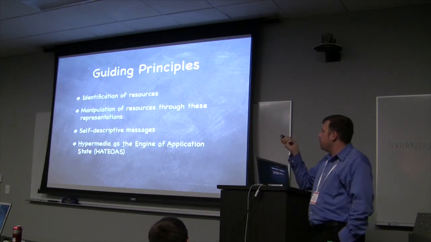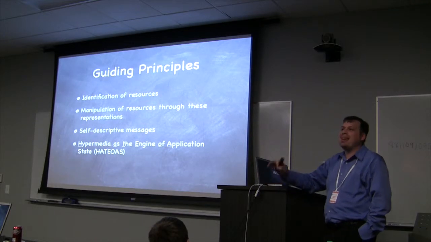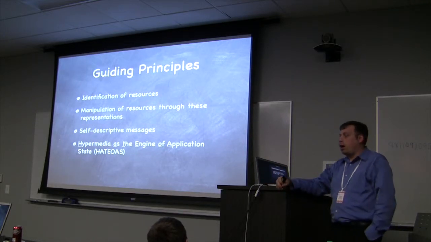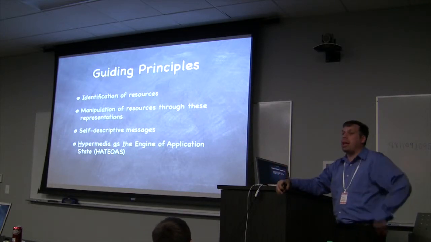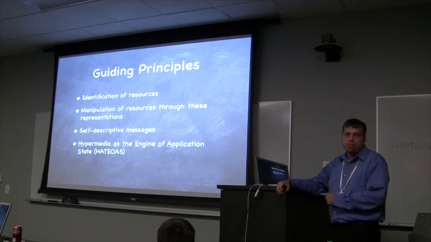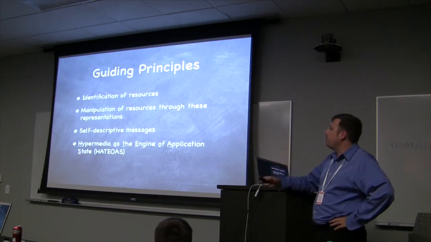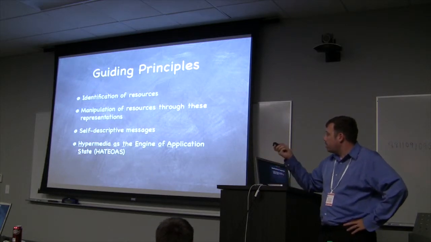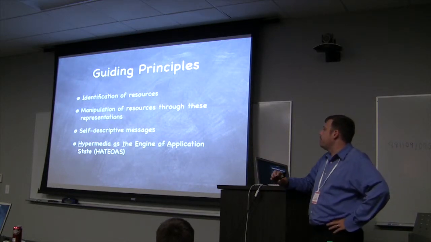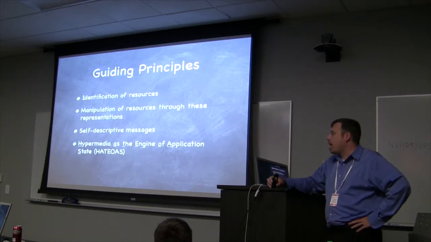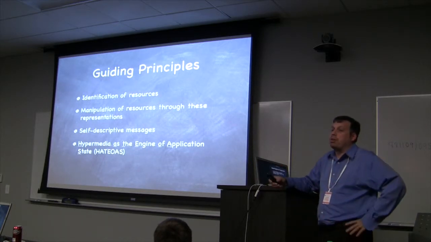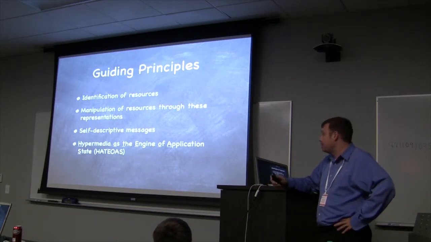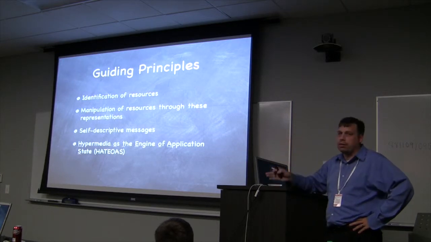Then you should be able to manipulate those resources through representations. I want to be able to create a new one. I want to be able to edit one. I want to be able to view that. They should have self-descriptive messages. And the concept of hypermedia as the engine of application state, or HATEOAS, or however else you want to pronounce it, like with every other acronym on the internet. And we're going to walk through each one of these.